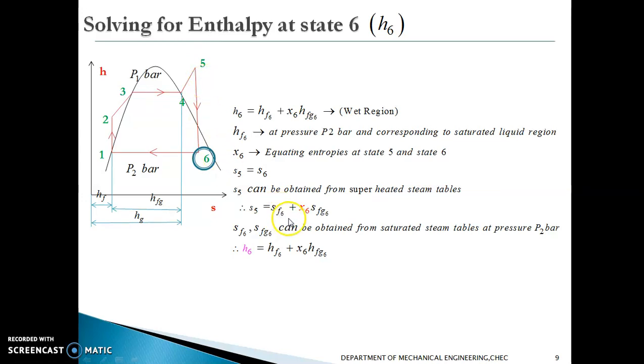And sf6 and sfg6 can be found from the steam tables at pressure P2 bar, as we saw earlier. If we substitute these and we know the s5 value, x6 can be found easily. Once we know the value of x6, if we substitute it in h6, we can find the h6 value easily.